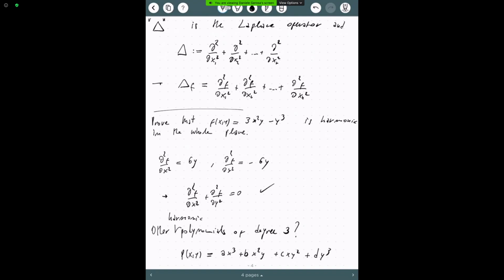And I can see if I get some conditions on a, b, c, and d, such that this is harmonic. So if you take the derivative with respect to x of the second order, this is equal to 6ax plus 2by, and then for y, this is equal to 6dy plus 2cx.